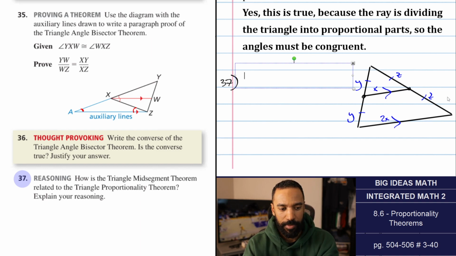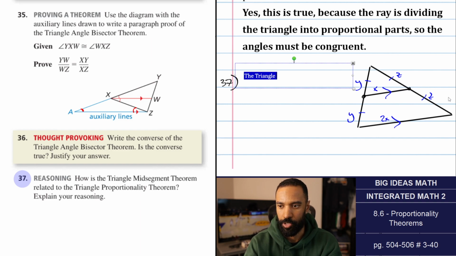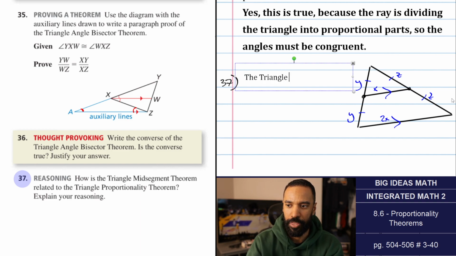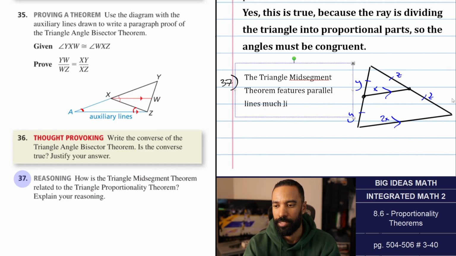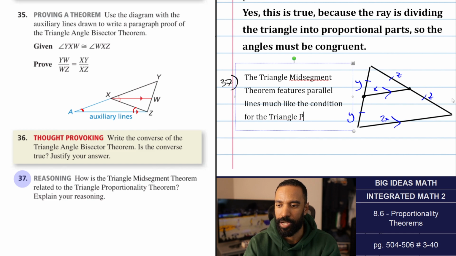So how's the triangle mid-segment theorem related? The triangle mid-segment theorem features parallel lines, much like the condition for the triangle proportionality theorem.